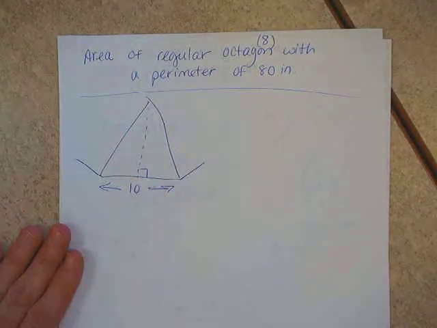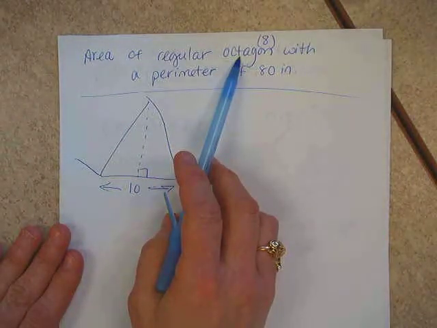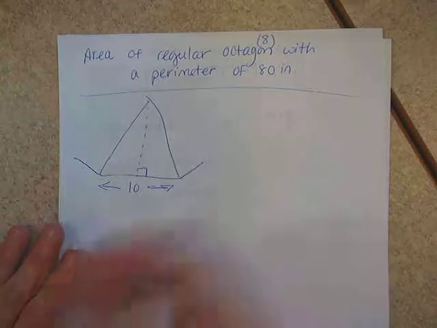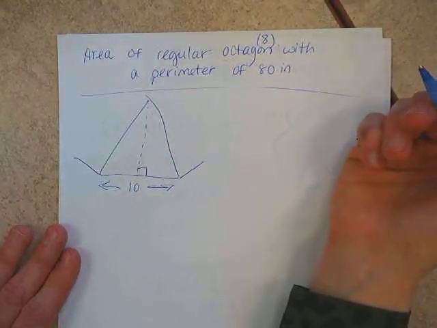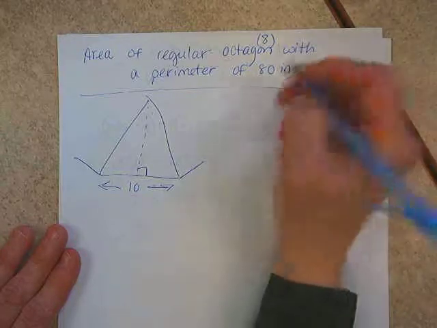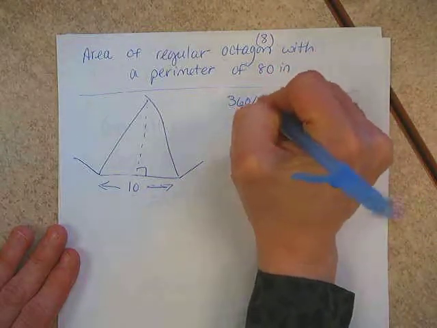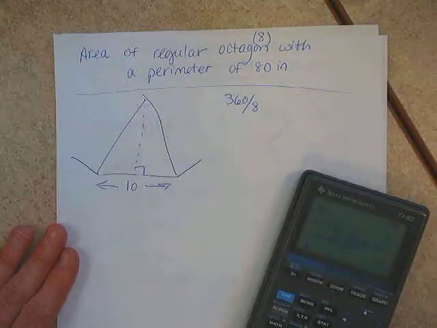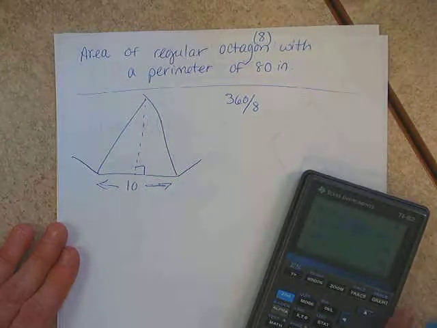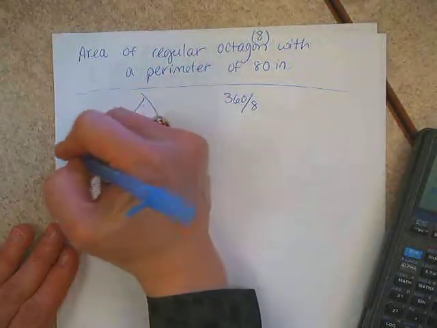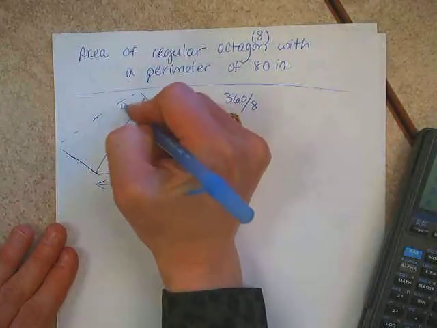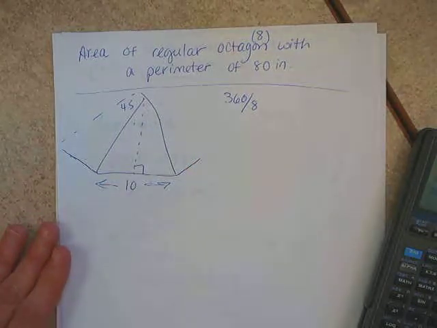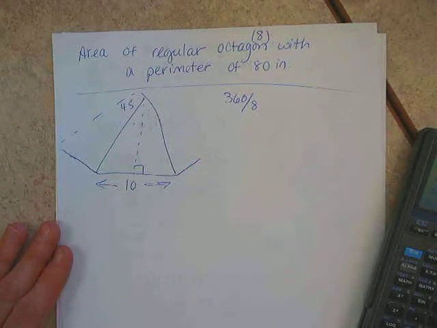Okay, now I'm going to have to figure out what that central angle is and what specifically one of the smaller ones would be. So if it's an octagon, how do I start out to get those angles? 360 divided by 8 is going to give me this big angle, which is 45.